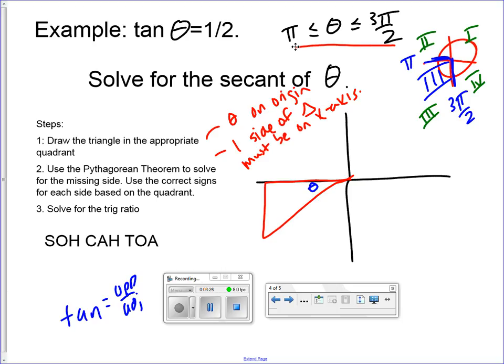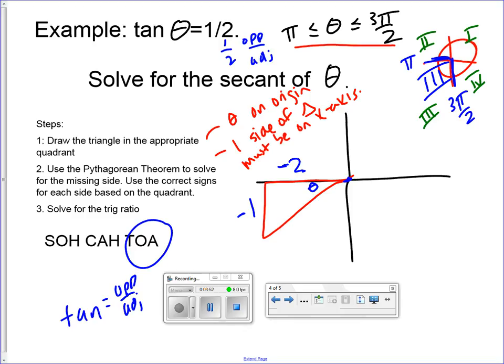The opposite side from theta is over here. So that's 1. And the adjacent side is 2 because it's 1/2. So opposite over adjacent. And I want to check my signs. From the origin, if I'm going left, it's actually a -2. And if I'm going down, it's a -1.